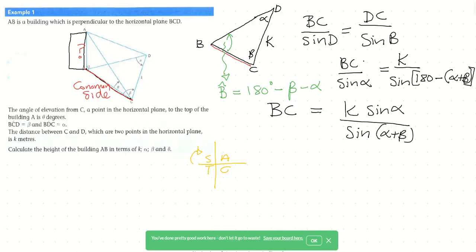We haven't finished answering the question. We have just found the common side. So this common side, BC, is K sine alpha over sine of alpha plus beta. Now I want to find out what AB is. Now that's a basic trig ratio.